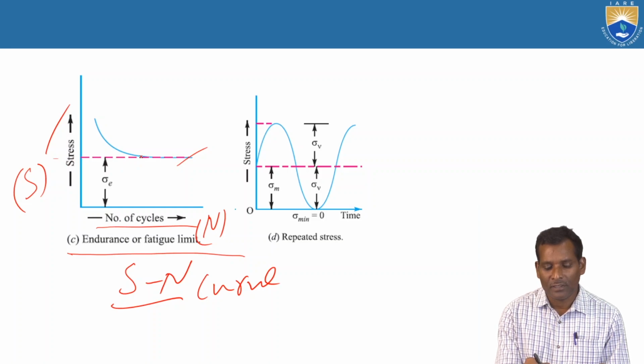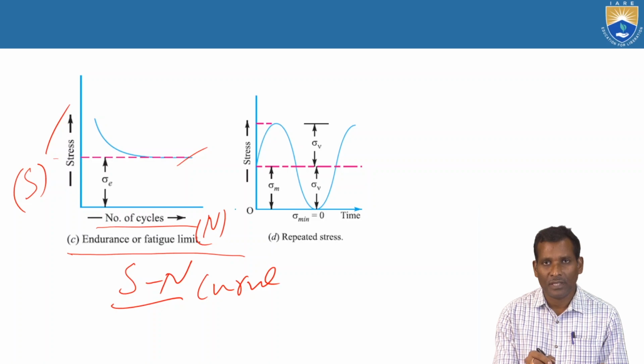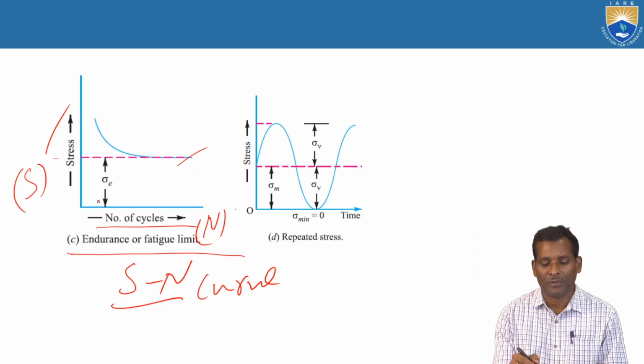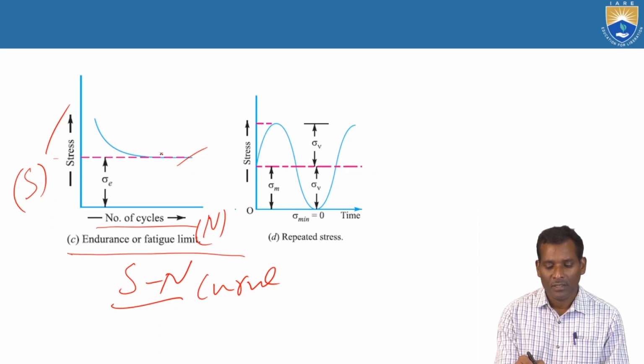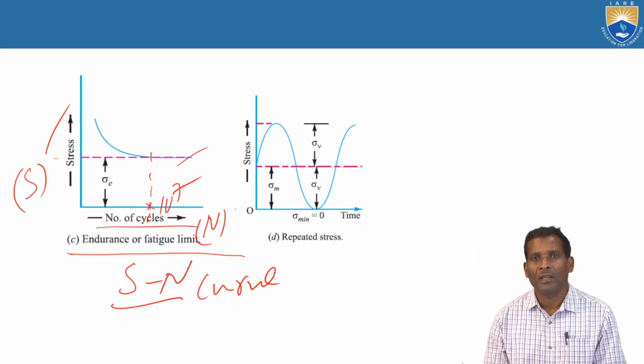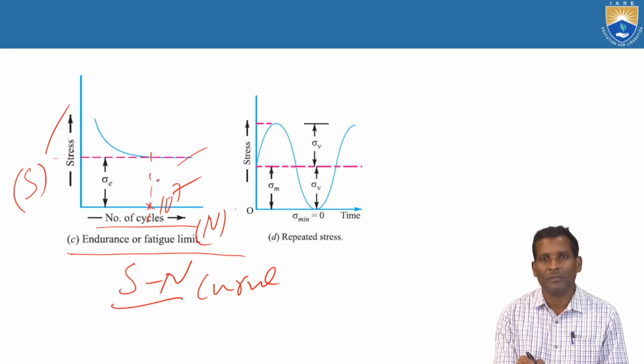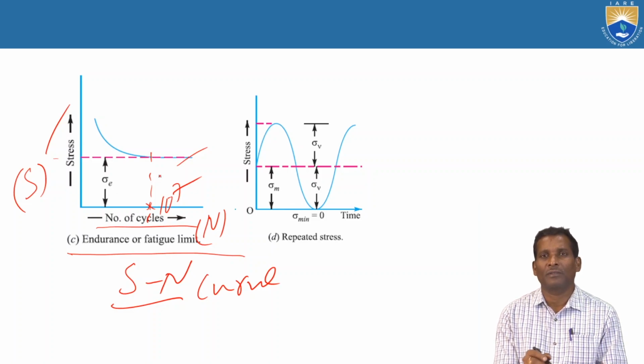Suppose the standard number of cycles is 10 to the power of 7. Up to here, the component will stand and will not fail.